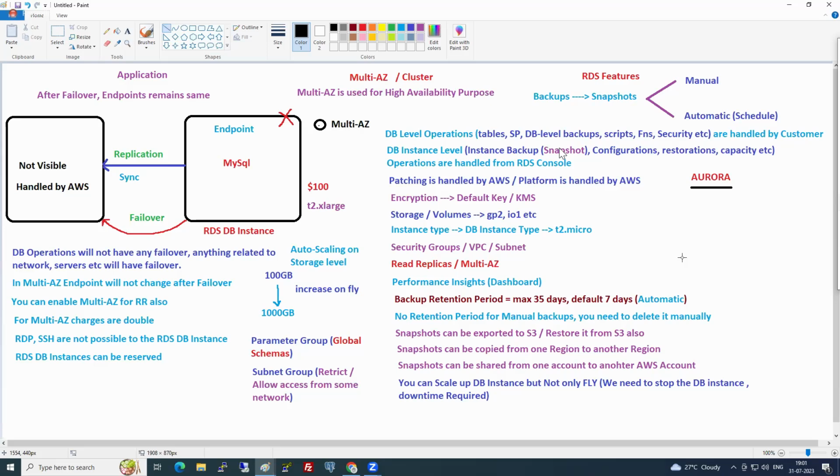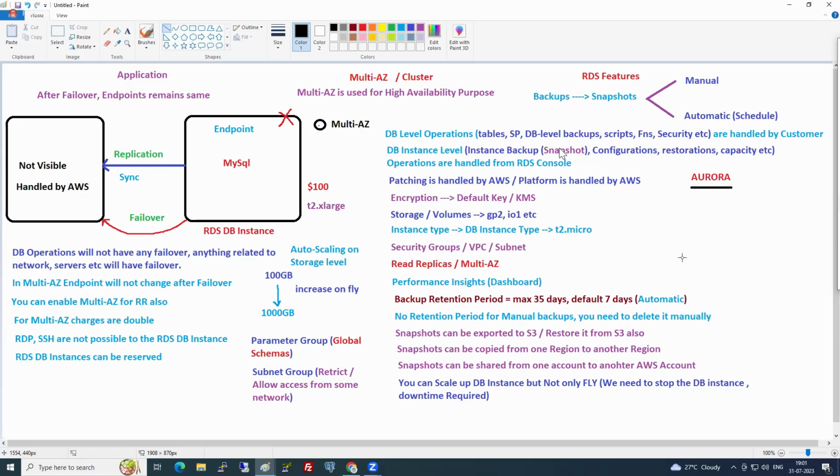Also, in normal databases, how many replicas can you create? Maximum 5. In Aurora, you can create 15 read replicas. It has inbuilt high availability, and less than 1 minute failover. Highly advanced.